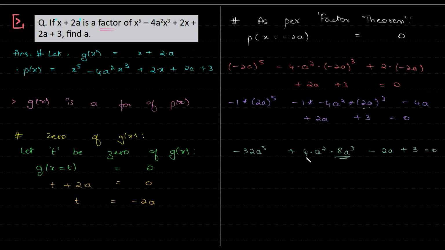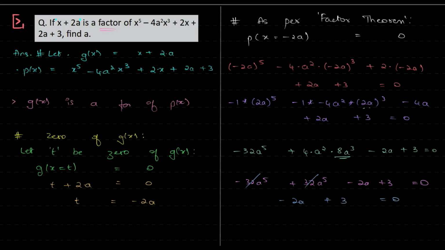8 4s are 32, and this is the same expression as the first one, plus 32a to the power of 5, minus 2a plus 3 is equal to 0. Clearly we have a lot of terms getting cancelled. So we have this and this cancelled, and 2a plus 3 equal to 0.